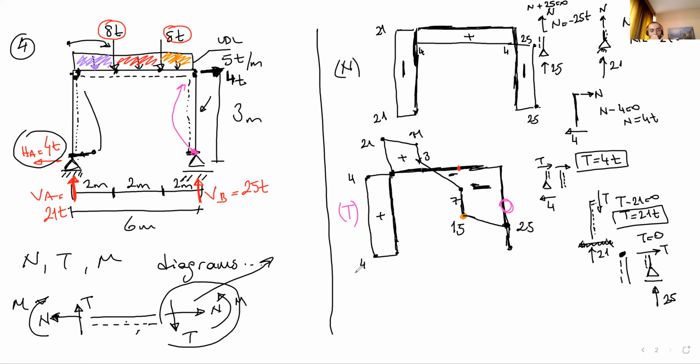Now, as you can see, we have the T diagram. What we are gonna do now is the moment diagram. So we will use the area under the shear force diagram. Okay, now let's do the moment diagram here.